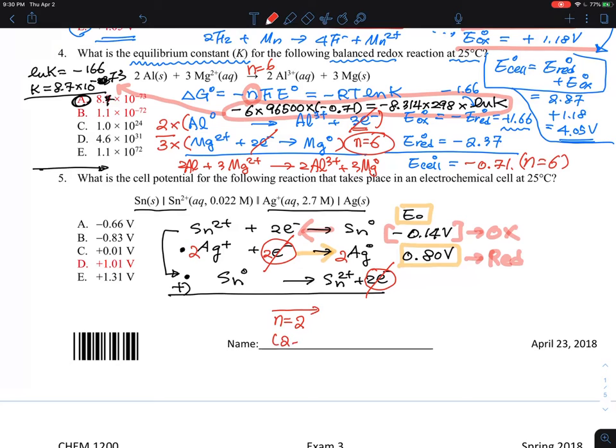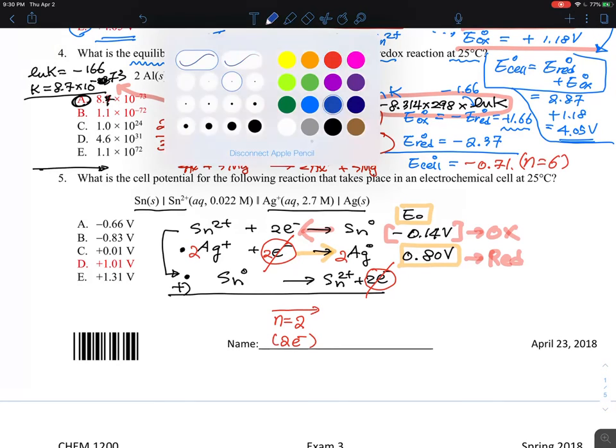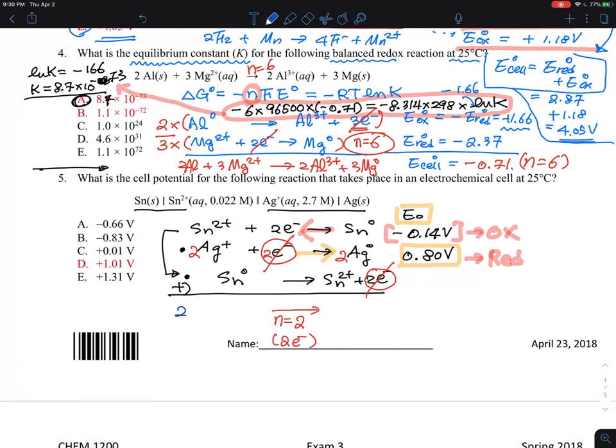Okay, 2 electrons are exchanged in this reaction, and when you write the equation here, 2 Ag plus with a tin, and then 2 Ag metal with tin 2 plus. So that's cool.